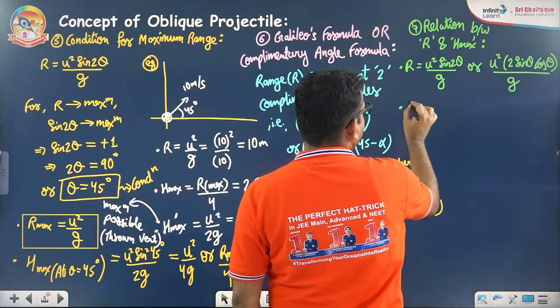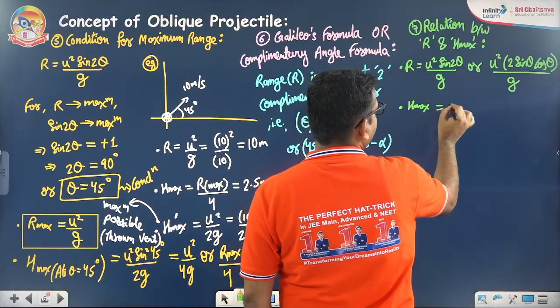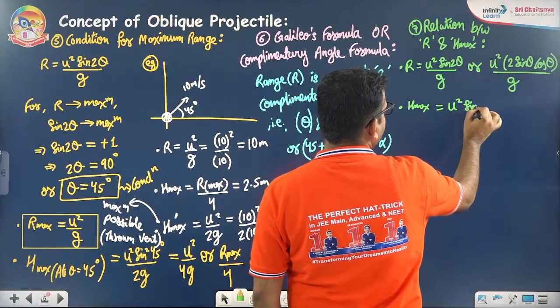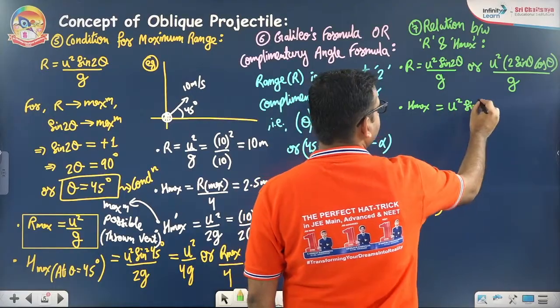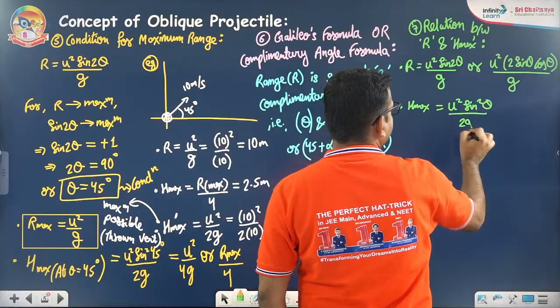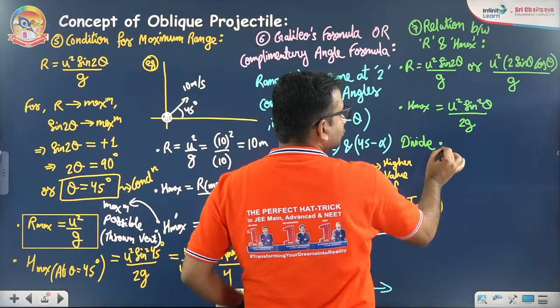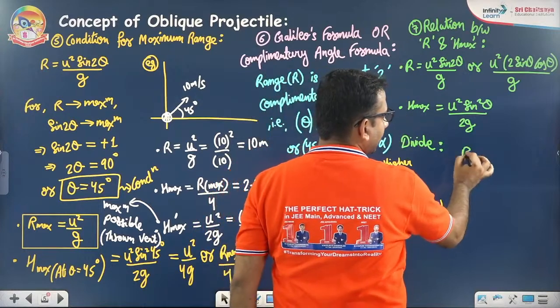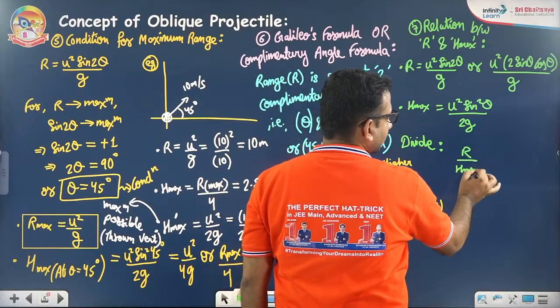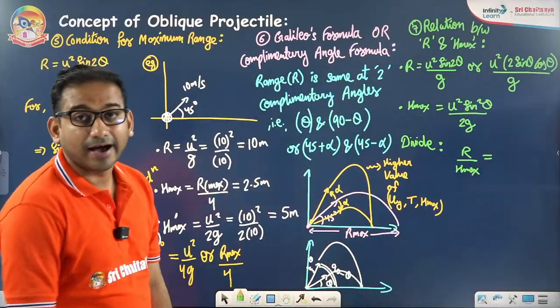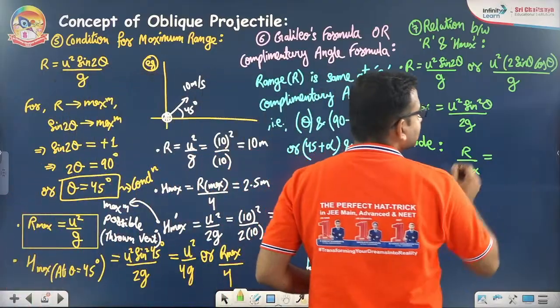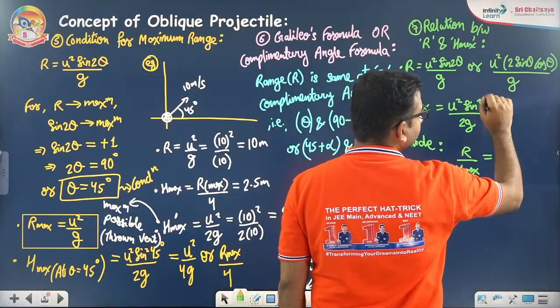And similarly, Hmax will be equal to u square sine square theta by 2g. Once you divide, the left hand side will have R by Hmax. And on the right hand side, u square by g will be cancelled.